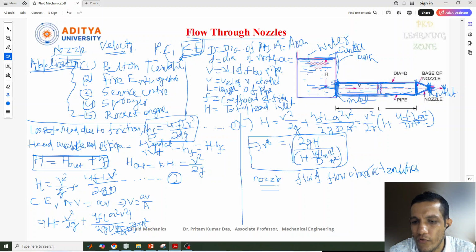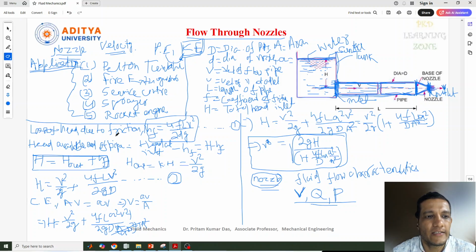Fluid flow characteristics means, one thing, what is the velocity of the fluid, or from this velocity we can also identify what is the discharge of the fluid or the rate of flow, and what is the pressure of the fluid at this point. Okay, and for any kind of applications this nozzle part is required. That's why we can identify the value of velocity of fluid at the outlet of the pipe.